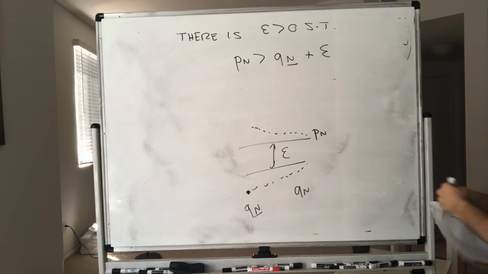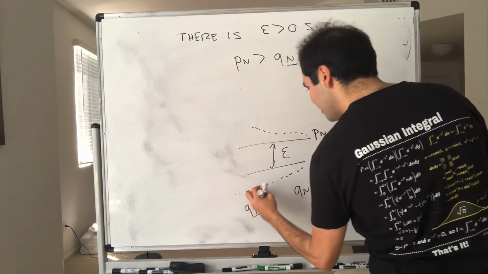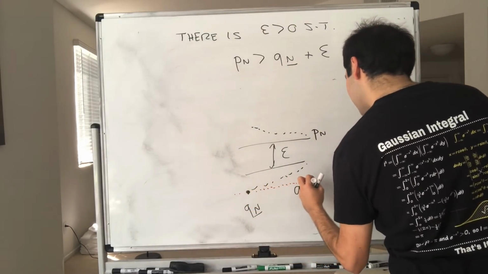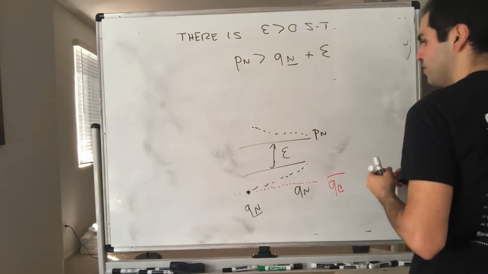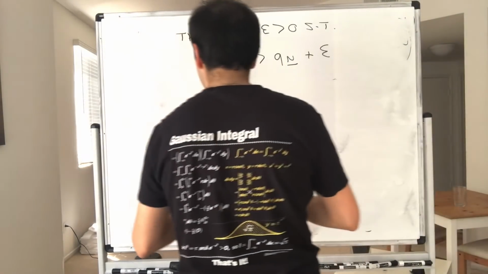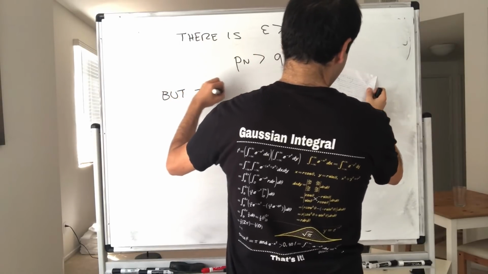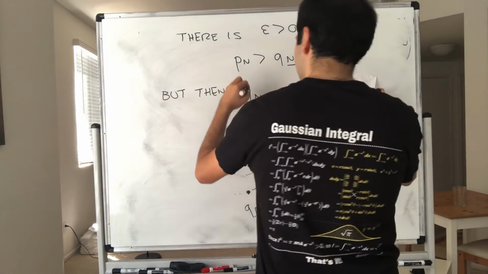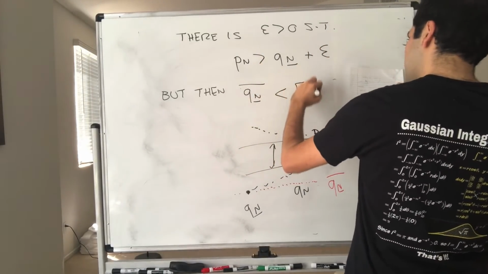It also means that the sequence Pn is bigger than the constant sequence Q capital N. But then Q capital N bar is less than Pn.